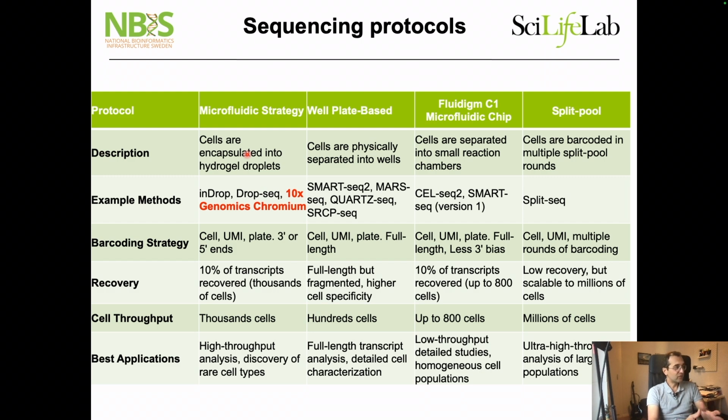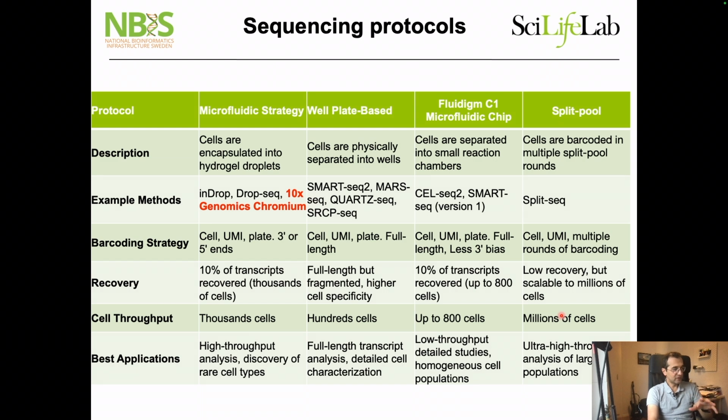There are different names for different library preps and sequencing results, but all of them have UMIs, and you can target for full length or tagmentation. One of the key differences between these technologies is the throughput. It can go from a few hundreds to thousands and even millions of cells.